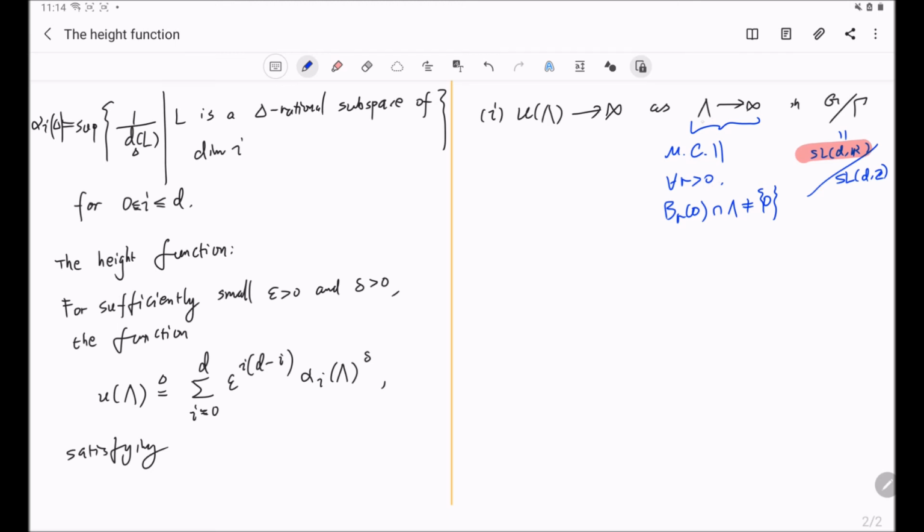Remember, every lattice here has covolume 1, so the situation in Mahler's criterion is equivalent to this. Otherwise, in general, you need the boundedness on the covolumes of the sequence of lattices. So this is the first condition.